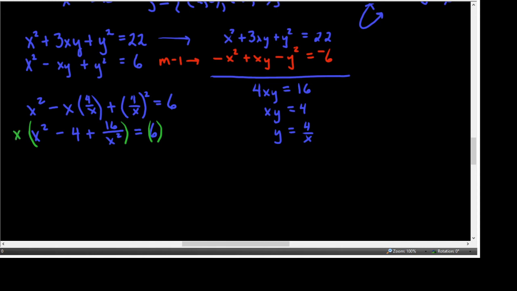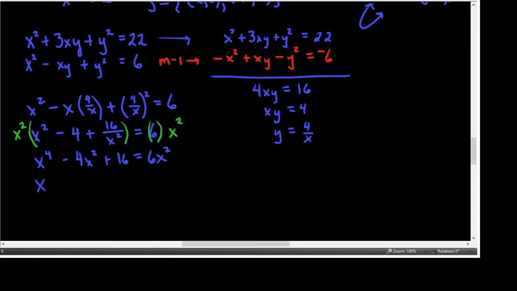So if I multiply both sides by x squared, that's going to clear out the denominators of any fractions I have. So this will become x to the 4th minus 4x squared plus 16, which equals 6x squared.